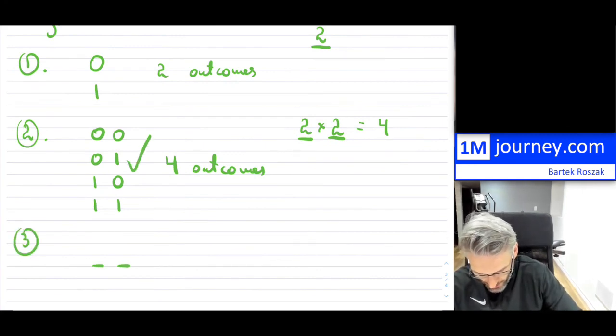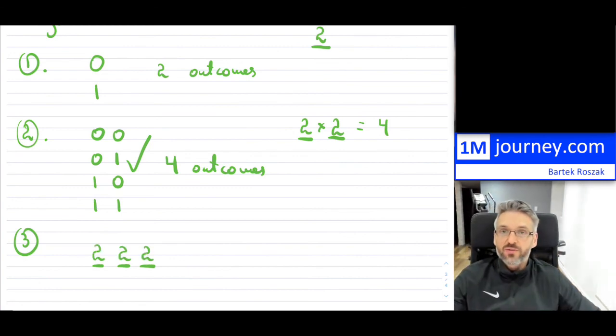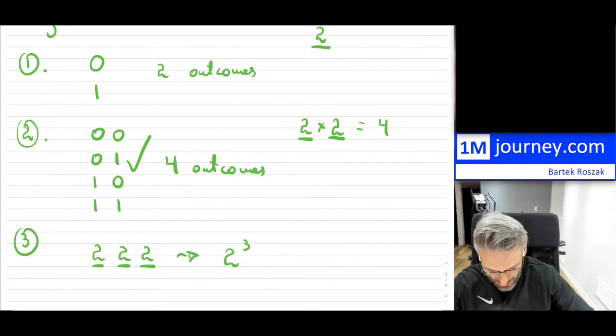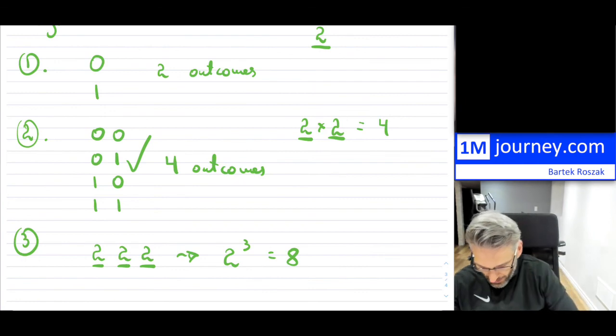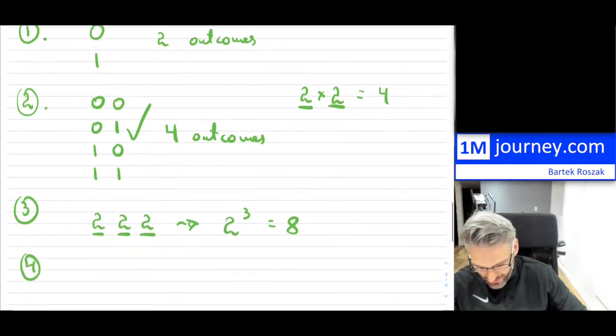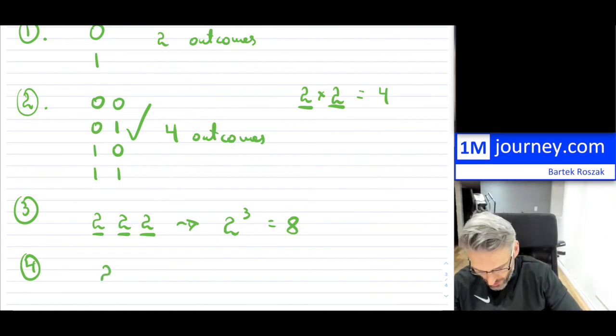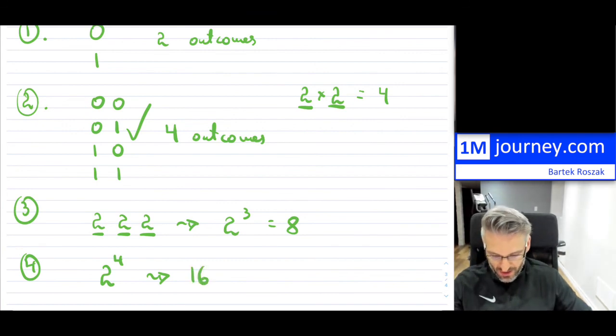Now for 3, I'm going to stop doing this. I know that this is going to be 2 possibilities, 2 possibilities, 2 possibilities. So either 0 or a 1, 0 or a 1, 0 or a 1. And in this case, this is 2 to the 3, so 2 cubed, which is 8. Now the next one, which is going to have 4, you get the trend. This is going to be 2 to the 4, so this is going to be 16 possibilities.